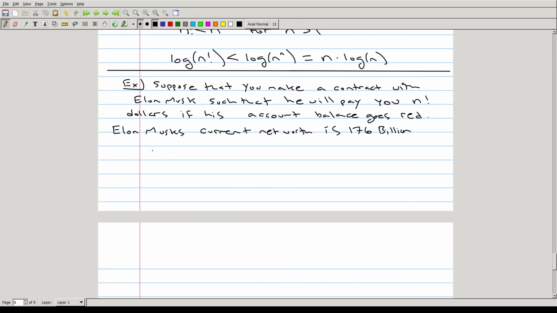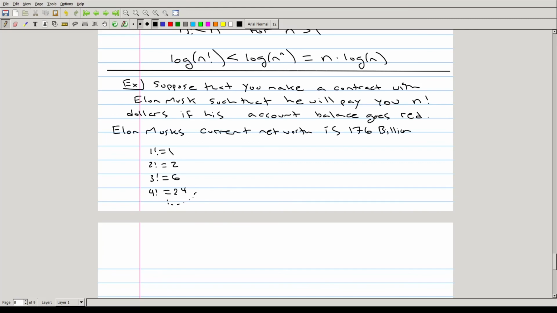And we'll look at the first couple days. First day, 1 factorial. The second day, 2 factorial, that's $2. Third day is 3 factorial, so it's 2 times 3, which is 6. The fourth day is 4 factorial, which is 4 times 6, or 24.